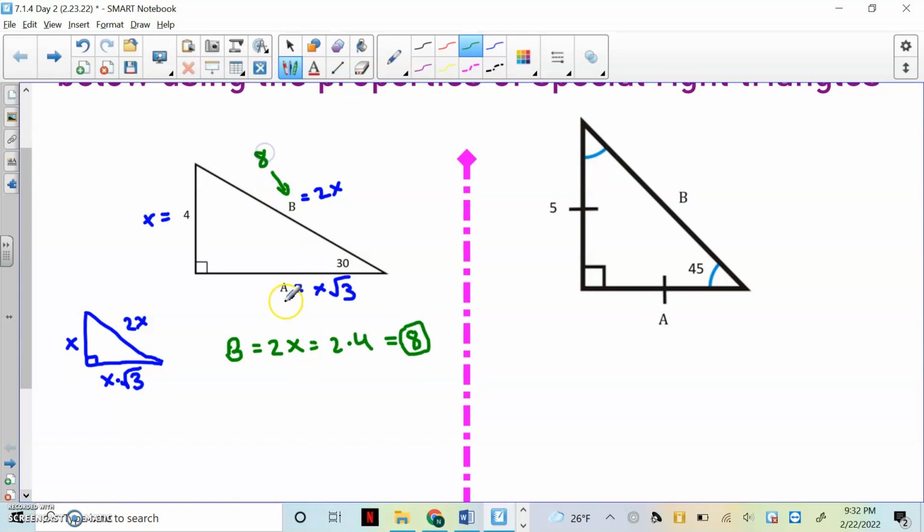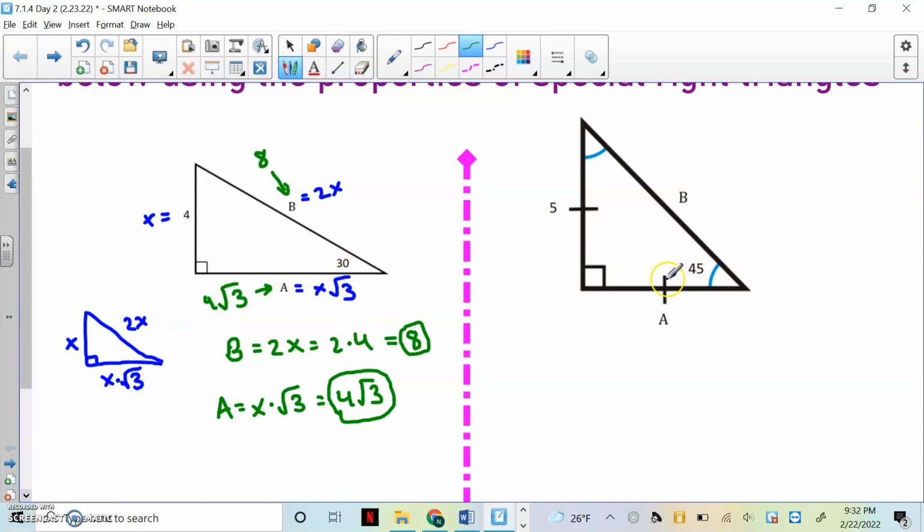And then for a, we know that a is equal to x times the square root of 3. And so that's going to be 4 times the square root of 3. Alright, and that's it. We have found all the missing sides to our triangle. So that's how we do the 30, 60, 90.